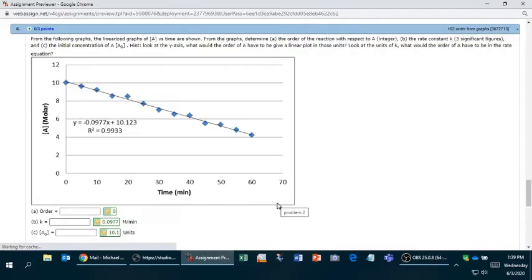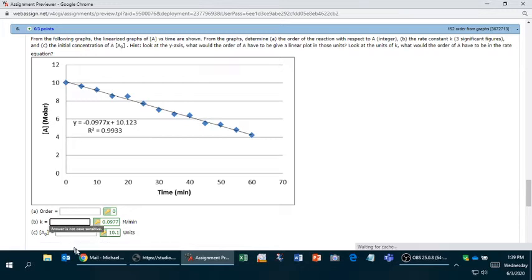Here we go. So if you've got concentration versus time, then it's a 0 order reaction. So a 0 order reaction is linear if concentration versus time is plotted. The order from there is going to be 0.